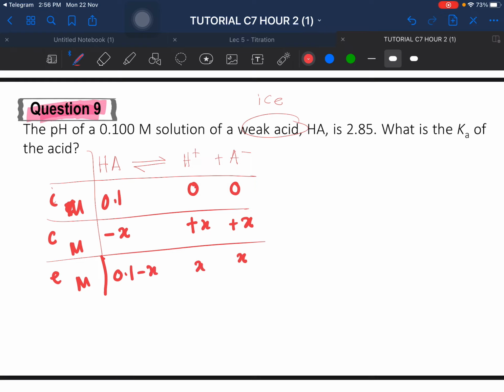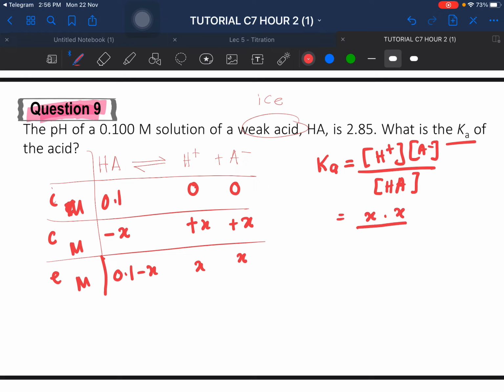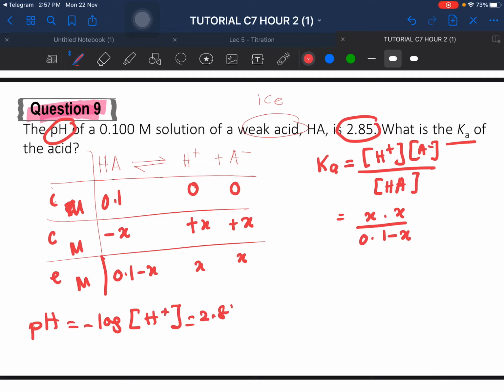So since question 1 asks to find the Ka, we write down the Ka expression, which is the concentration of H+ and A-, product over reactant. Okay, so it is x times x over 0.1 minus x. Now, given the pH of this weak acid is 2.85, pH is negative log concentration H+, which equals 2.85.